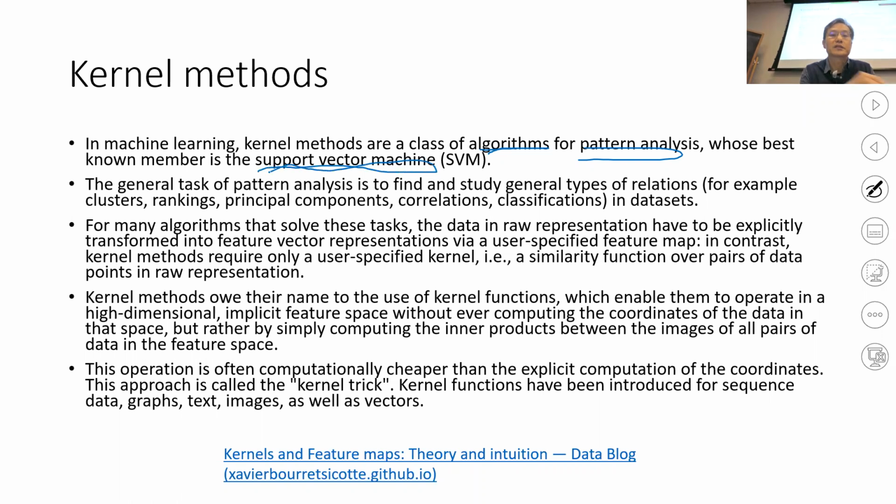SVM is one of the most common members of this group of kernel-based methods, applied for classification and data tasks. The raw representation has to be transformed into a feature vector representation using a feature mapping function.